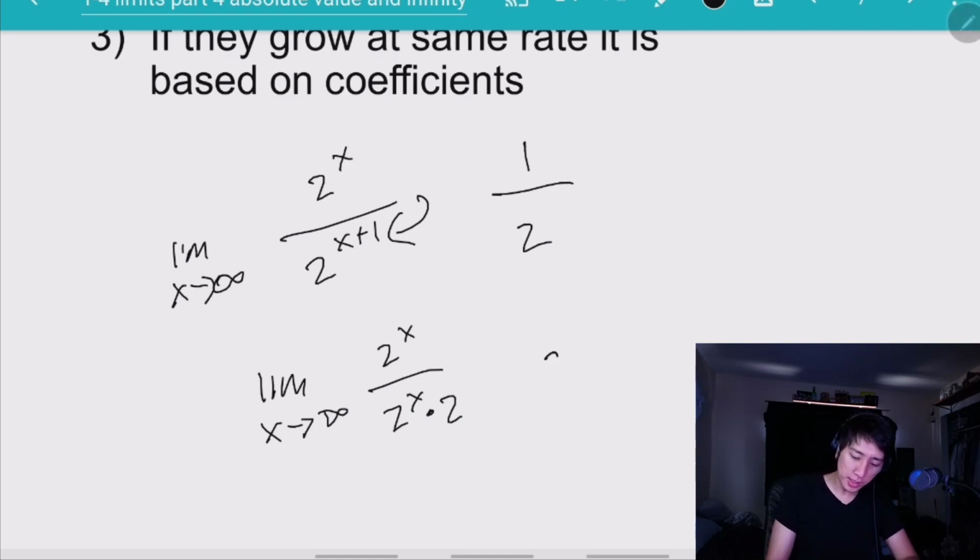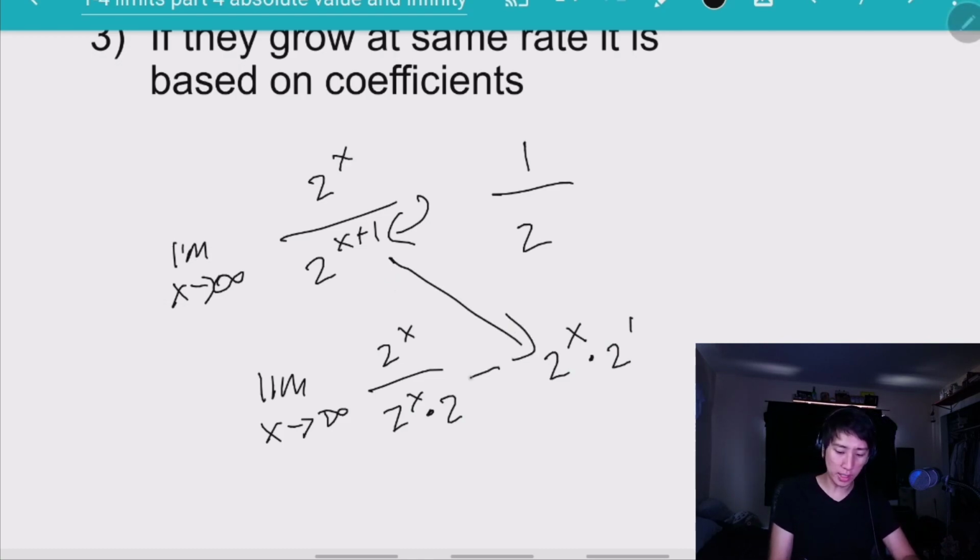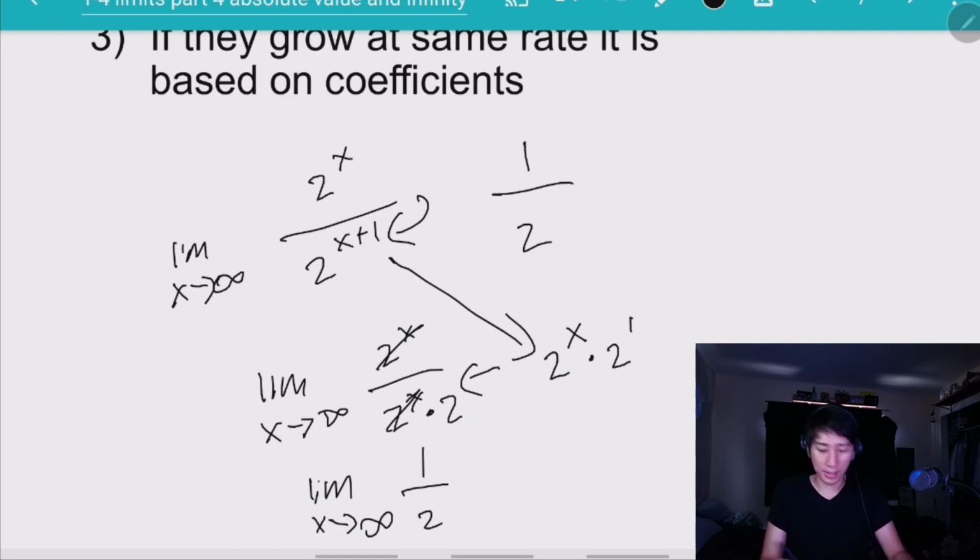And 2 to the x plus 1 is just saying 2 to the x times 2 to the 1, because your exponent rules say if you multiply two things with the same base, you add their exponents. So I'm splitting this up and writing it like this. Then from here, we just cancel out the 2 to the x's, limit as x approaches infinity, 1 over 2. And since there's no x's here, it just becomes 1 over 2.